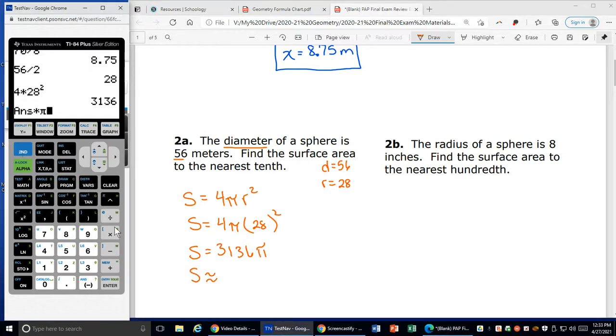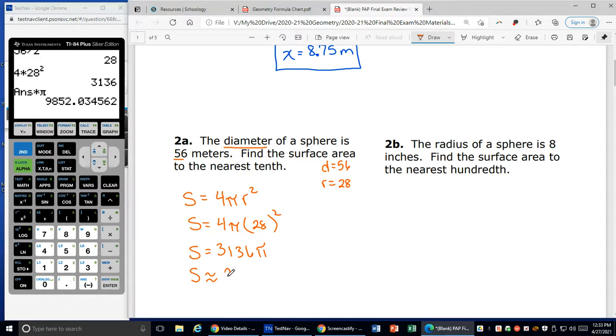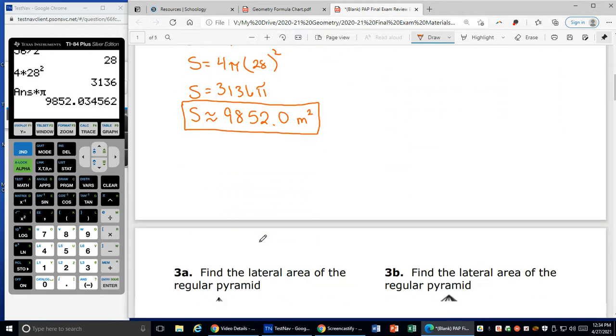Times pi is 9,852.0. If it says to the tenth, that's just one place. So this is my answer, and my surface area is going to be in meters squared. There's 2A.